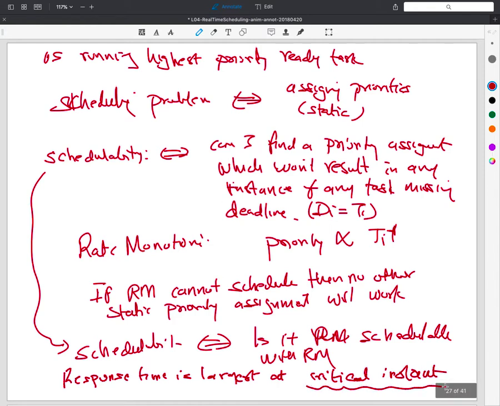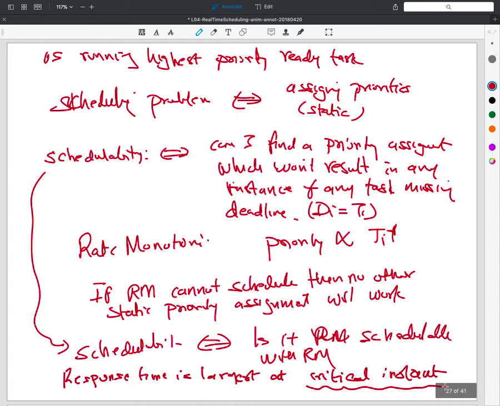Does anyone remember what the critical instant of a task was? Yeah, you have to wait the longest, but when does it happen? It comes in with all the higher priority tasks. Right. So when a copy of the task under consideration arrives simultaneously with a copy of each of the higher priority tasks. Okay, that's the critical instant.